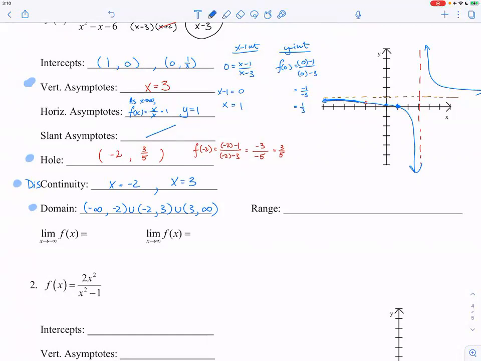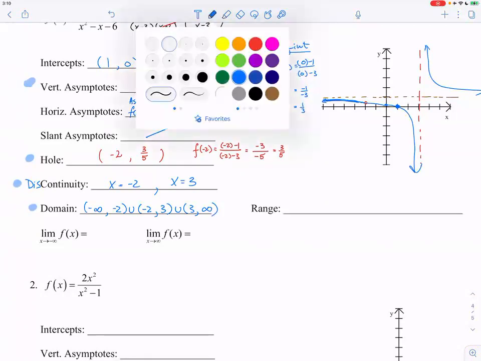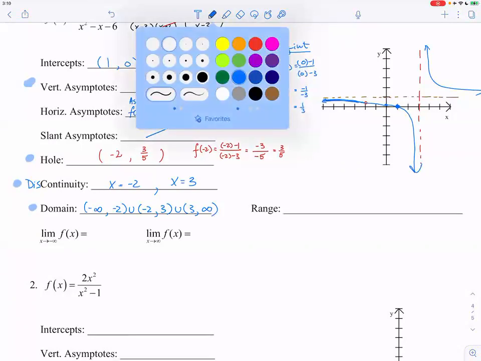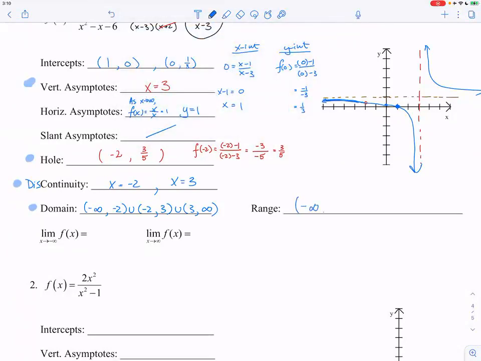And for the range, since we have the hole as well, we have negative infinity to 3/5, that's a hole, and then from 3/5 to 1, because it doesn't seem like there's any crossing of the horizontal asymptote, and then from 1 to infinity.